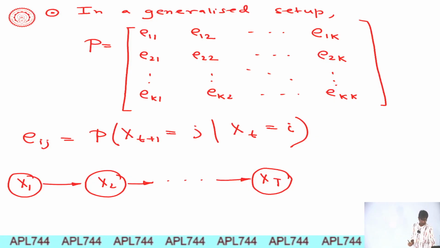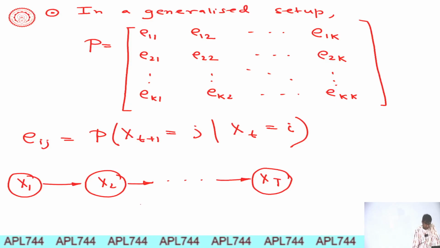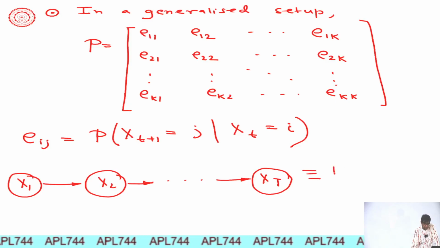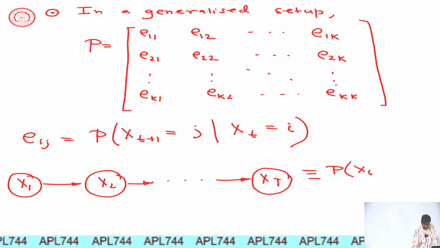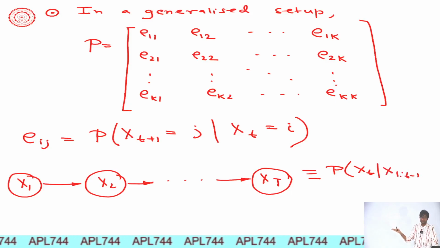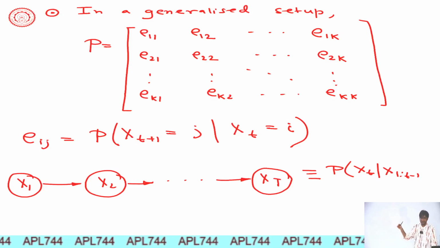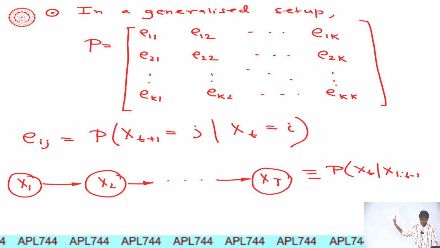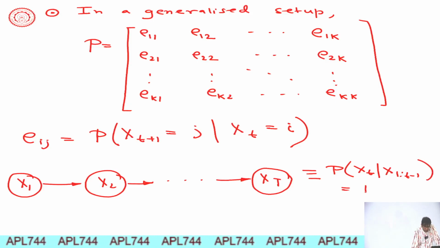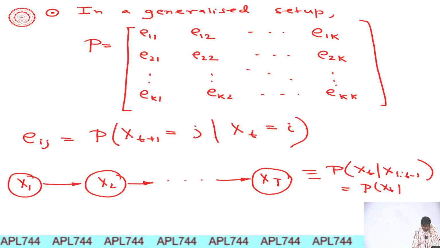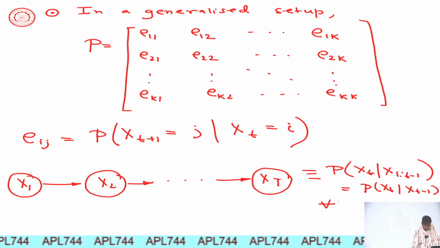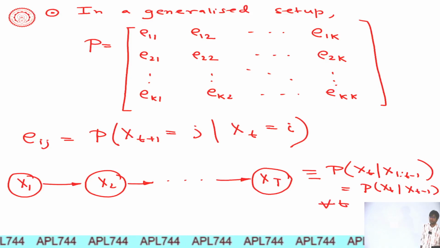So this is a Markov chain, and this is equivalent to saying that the probability of xt given x1 to t minus 1, meaning x1, x2, x3, dot dot dot, xt minus 1, is equal to the probability of xt given xt minus 1, for all t. This is what it means.